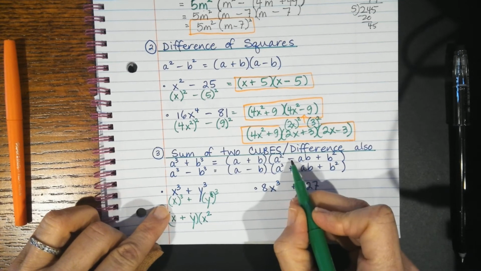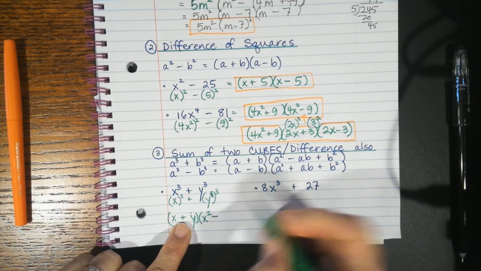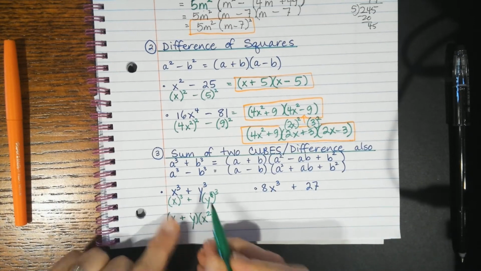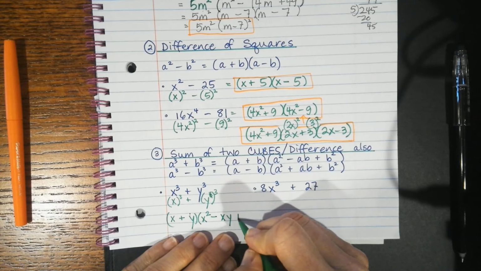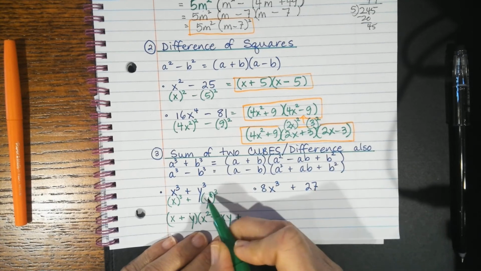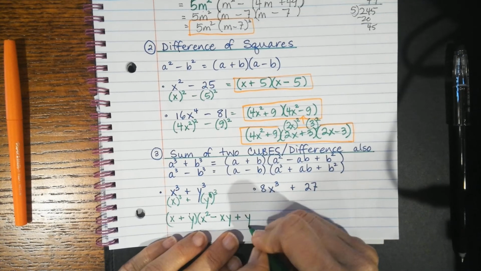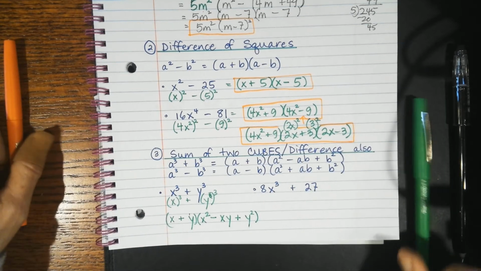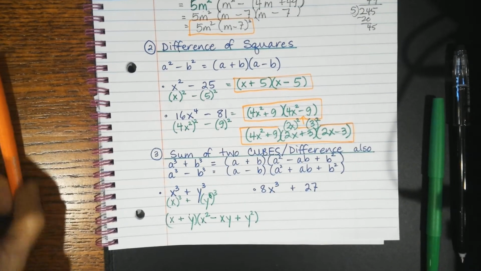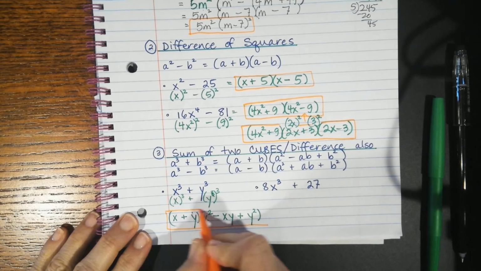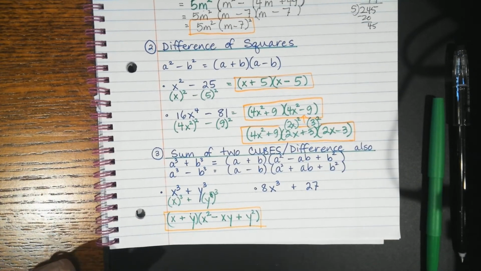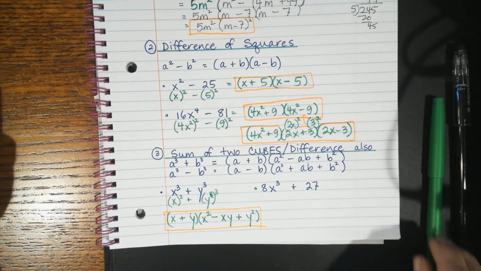It's going to be minus, so it's the opposite sign, a times b. So this is xy. And then I've got a plus, and then I have the b term squared. So b is y squared. That's all the amount of work that is required. You don't have to do anything else. Unless, of course, you can factor it more, but usually you can't if it looks like that.